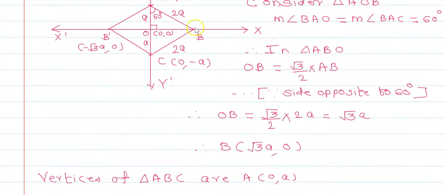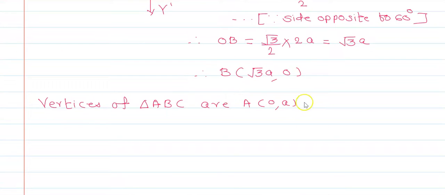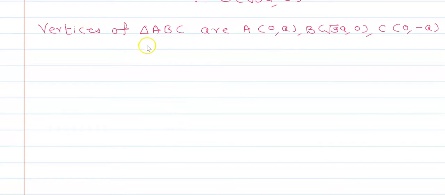What about B? B is, here I will write, (root 3a, 0), and C is (0, minus a).